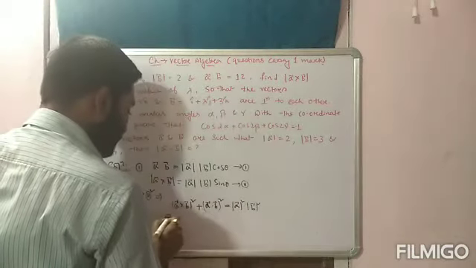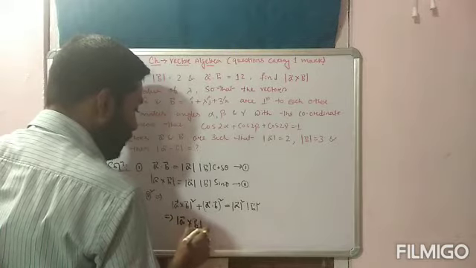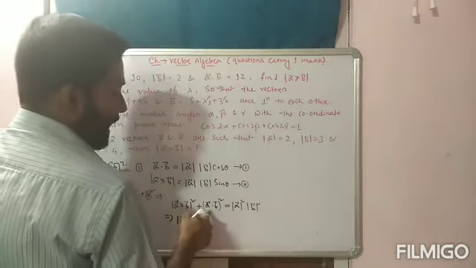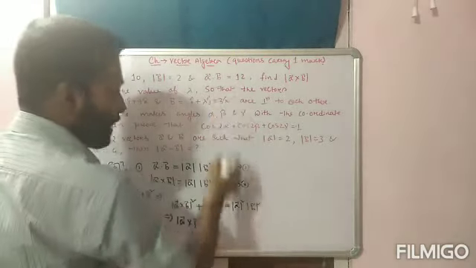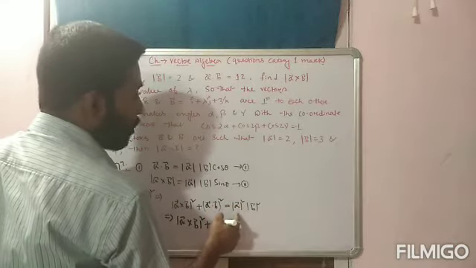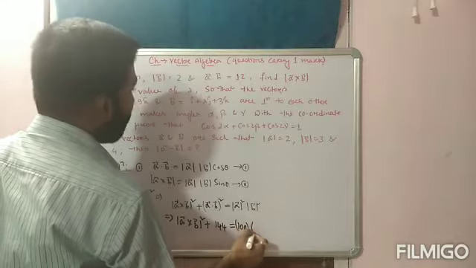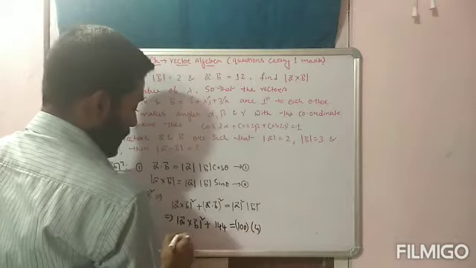Now, mod of A bar cross B bar whole square plus A bar dot B bar is given 12. So 12 whole square, that is 144. This is equal to mod A square, which is 100, into mod B square is 4.